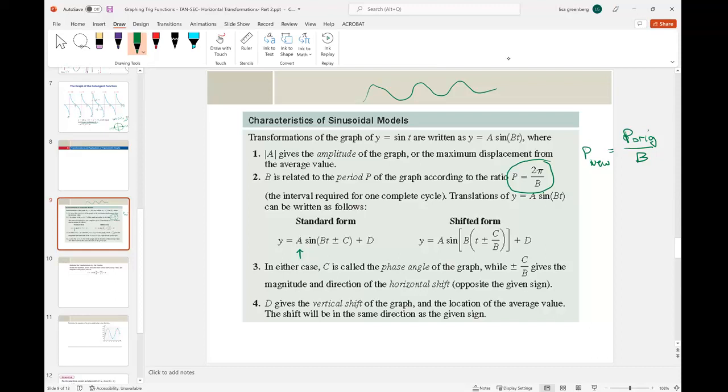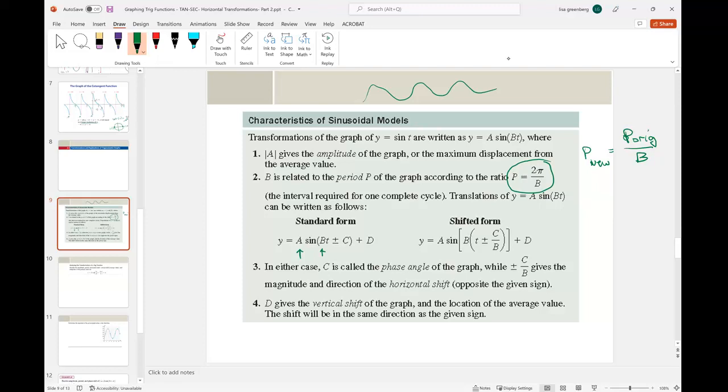So we have to be really careful about that. It's not always P equals 2 pi over B. It's P equals the original period, which for sinusoidal graphs is 2 pi over B, okay? So we're dividing all our values by this B that's in our form, okay?